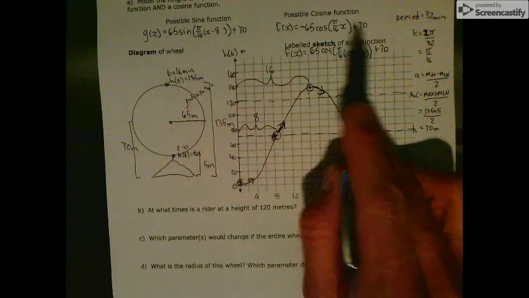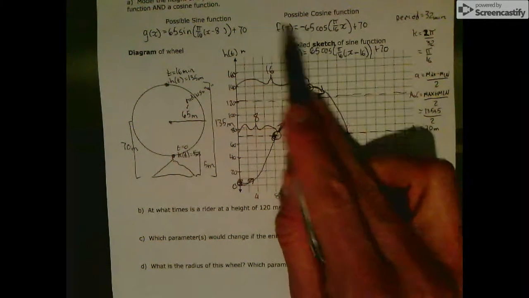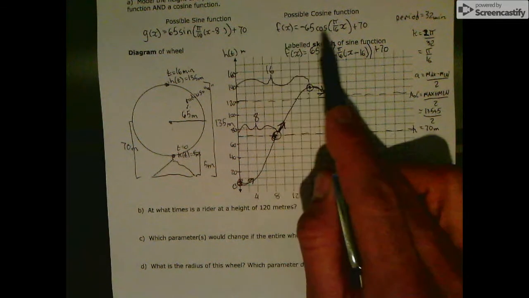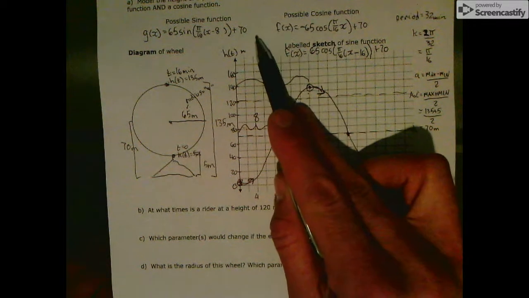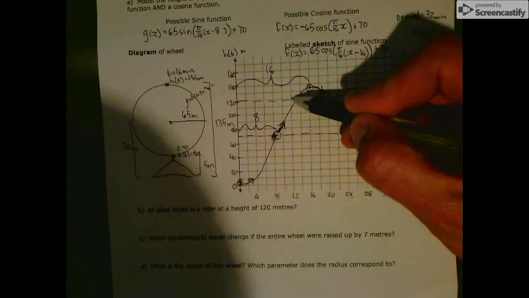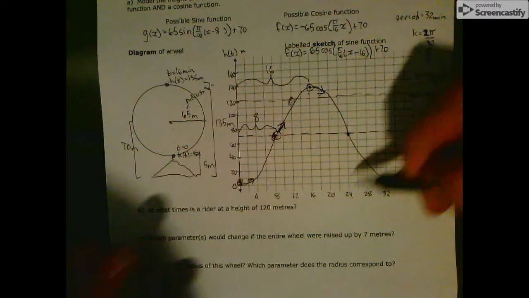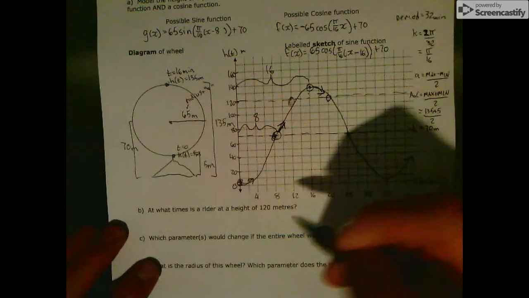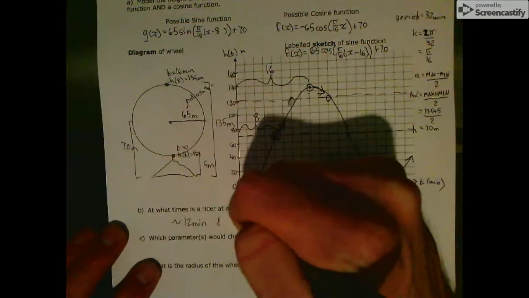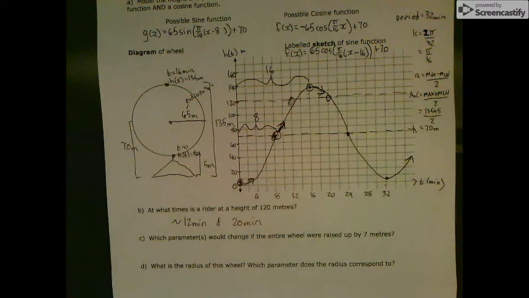Might be easier with this one by moving the 70 over, dividing by negative 65, inversing cos what I have here, and then dividing away pi over 16 to find the value of x. Should have actually crossed over here at 12, and again, it would have crossed over here at 20 as well. So we're at approximately 12 minutes and 20 minutes would be the answer to those ones.